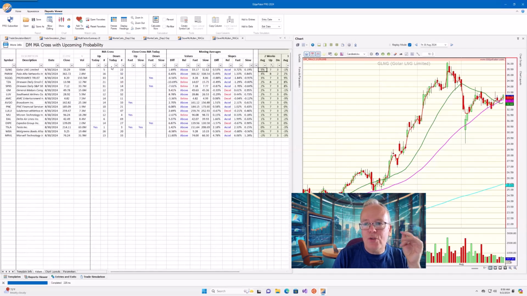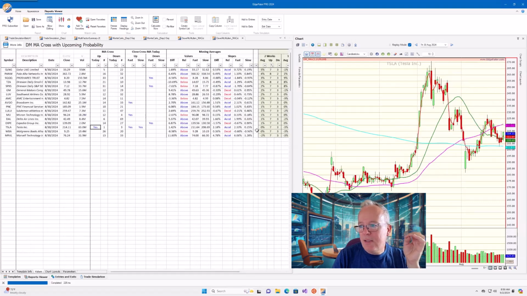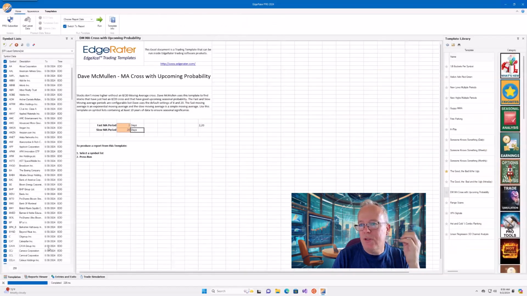Does not have any moving average crosses. But one that does is Tesla. But again, seasonality not great on there. But yeah, there are ways to change parameters and look. And I think Dave's probably looking at a very much larger list than what I'm looking at here.